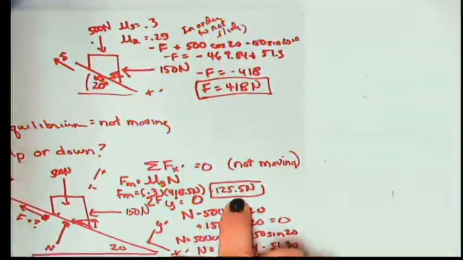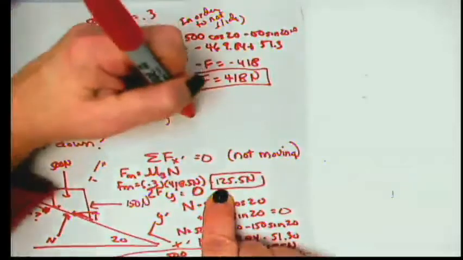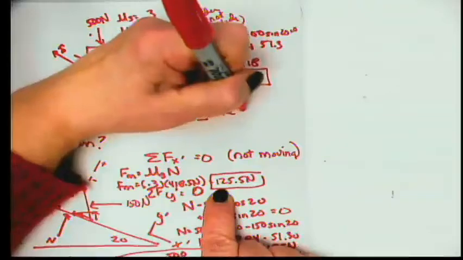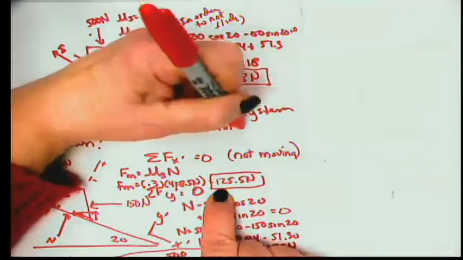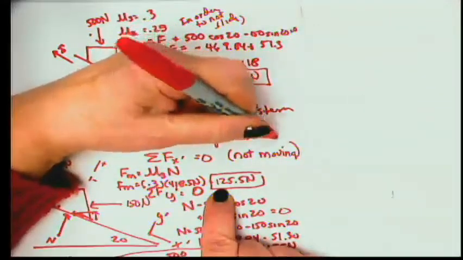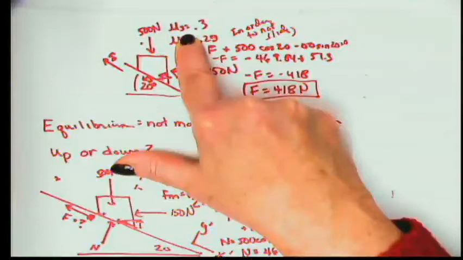And yet we found that the maximum force that friction can be is only 125 newtons. So the answer is no. The system is not in equilibrium. So what that means is that the block is going to slide down the plane. And once it starts sliding, we no longer use mu sub s, we use mu sub k, because it is kinetic, it is moving.